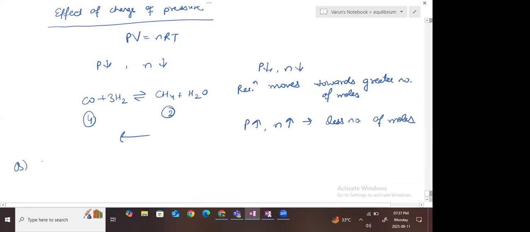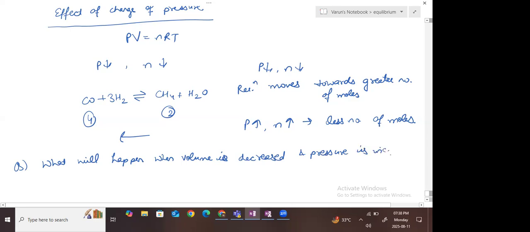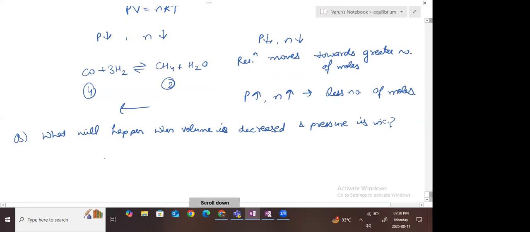Suppose this is the question: what will happen when volume is decreased and pressure is increased. Now you can see the reaction is this one.